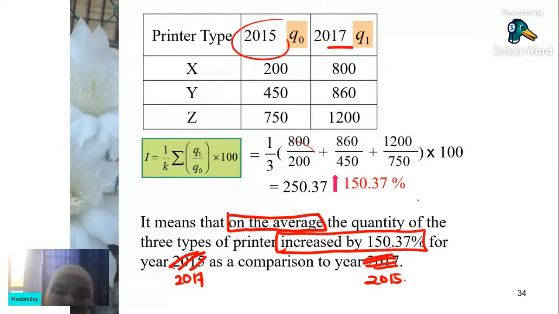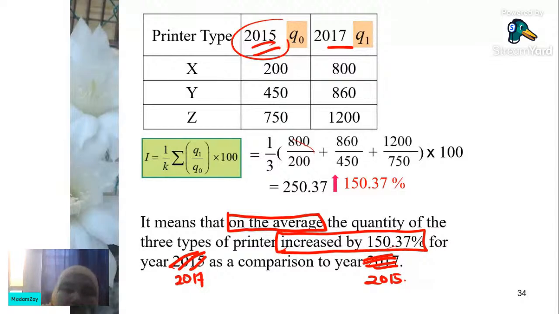What we find out is the increase for 2017 as a comparison to the base year, which is 2015. I hope you guys understand. Sorry for the error, that is a typo.